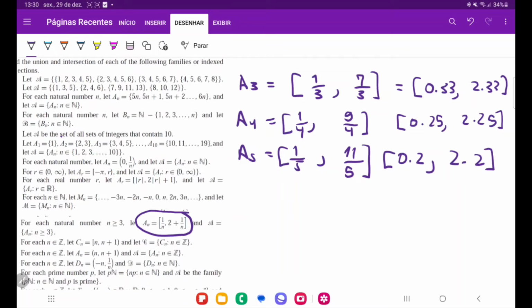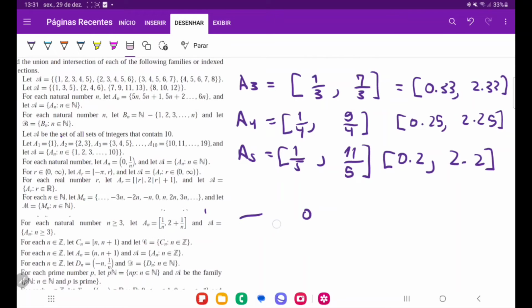Well, the left-hand limit, this 1 over n, as n gets larger, is going to get smaller and smaller. In fact, the limit as n goes to infinity of this is equal to 0. So the left-hand boundary is getting closer and closer to 0.